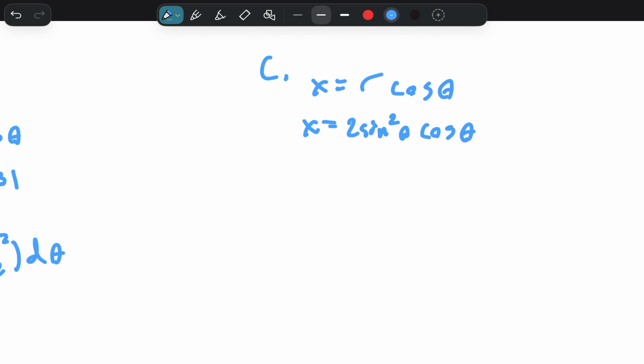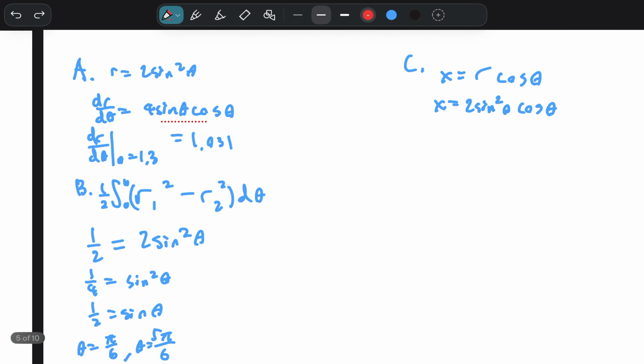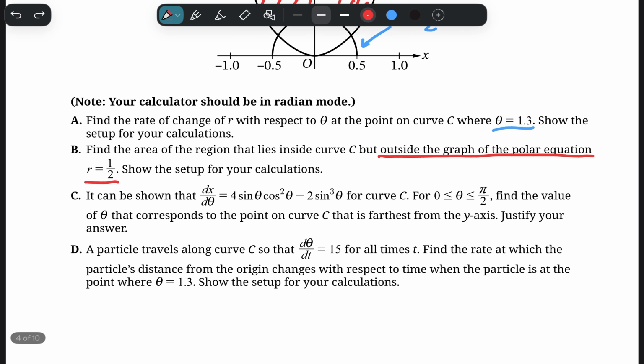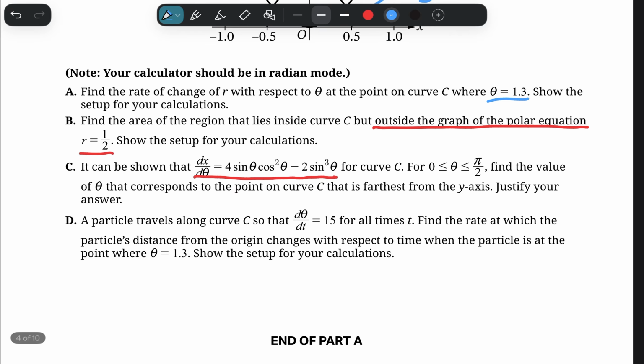Now we already have dx/dθ here. If we take the derivative of this function, the question already gives this to us. We can set this function equal to 0 so we can find critical points.